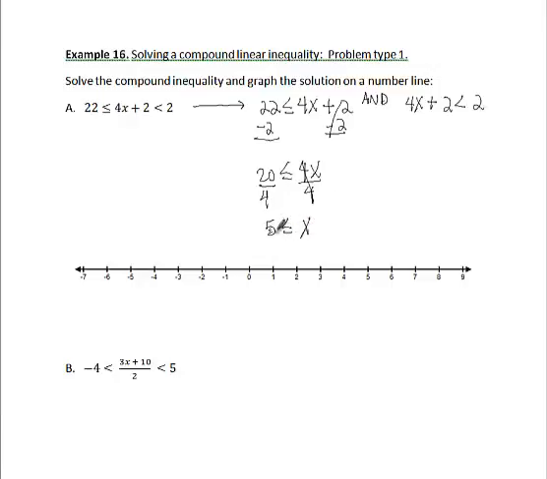And we're left with x is greater than or equal to 5. For the other inequality, we subtract 2 from both sides. 2's cancel. We're left with 4x less than 0. Now we divide by 4.